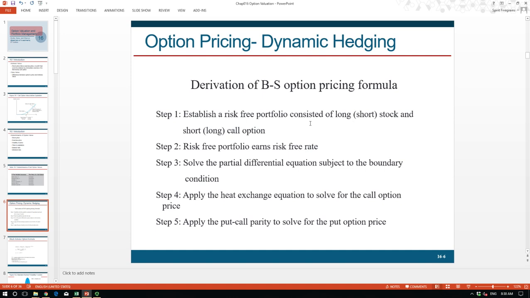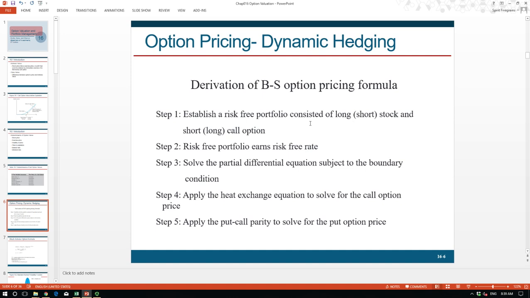And what is the boundary condition? The boundary condition is the intrinsic value of a call option or put option, right? And it cannot go beyond the intrinsic value, in terms of the lower bound of option price. That is the boundary condition. So when we solve the partial differential equation subject to the boundary condition, then the option pricing problem can be solved.